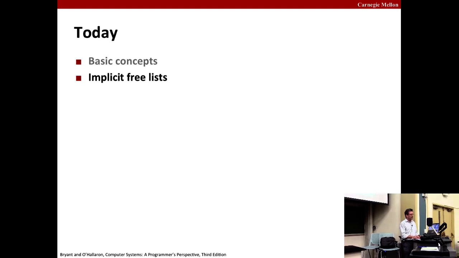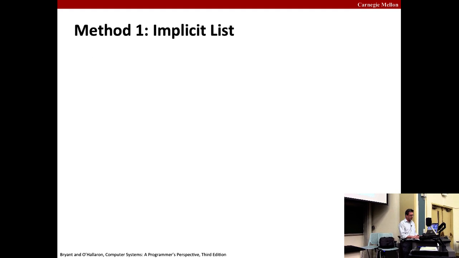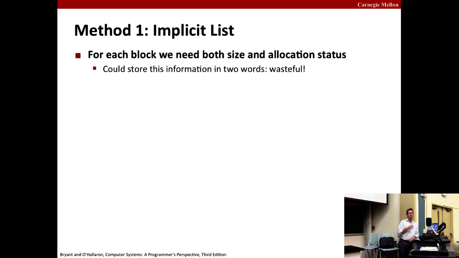All right, so let's look at how we would build implicit free lists. So as you correctly pointed out, for each block, we need both the size and the allocation status. Question?